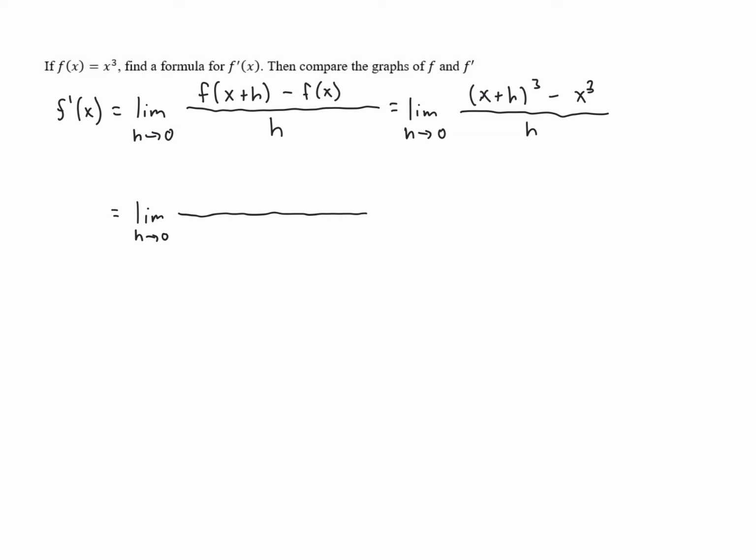So x plus h cubed is going to be x plus h times x plus h squared, and x plus h squared is x squared plus 2xh plus h squared.